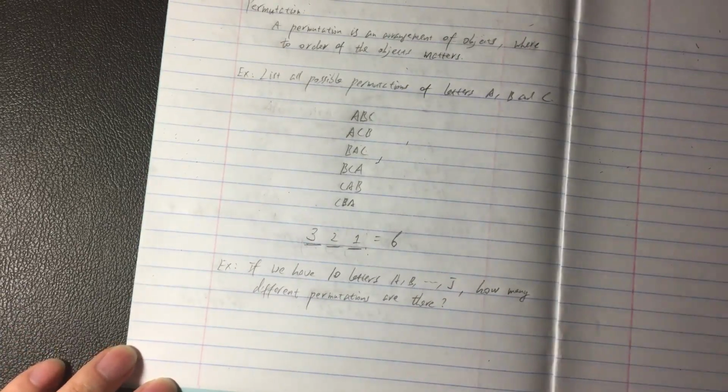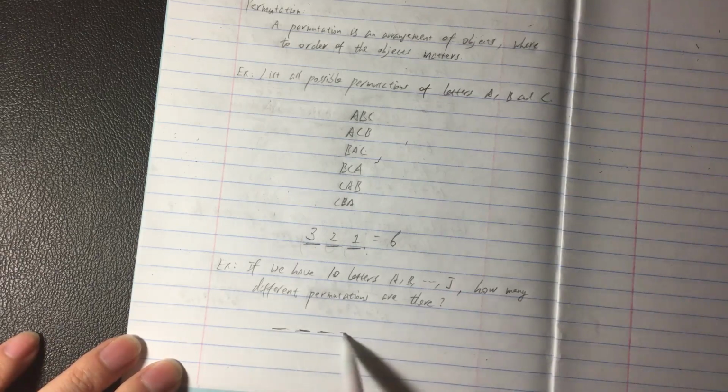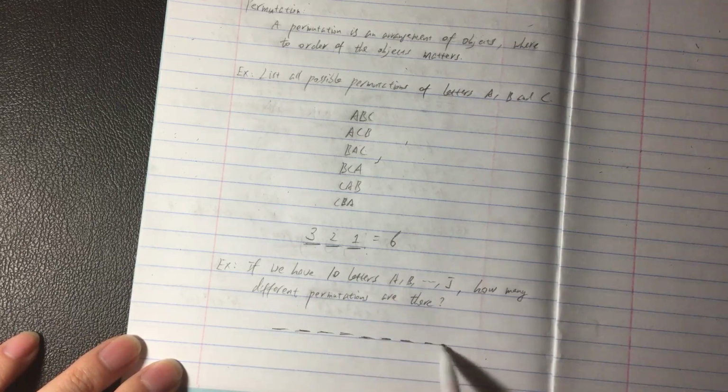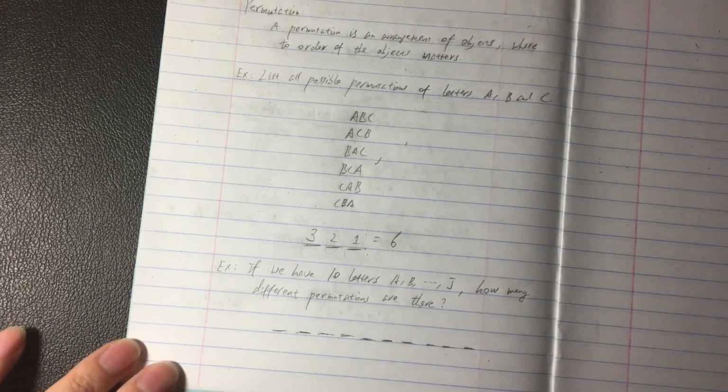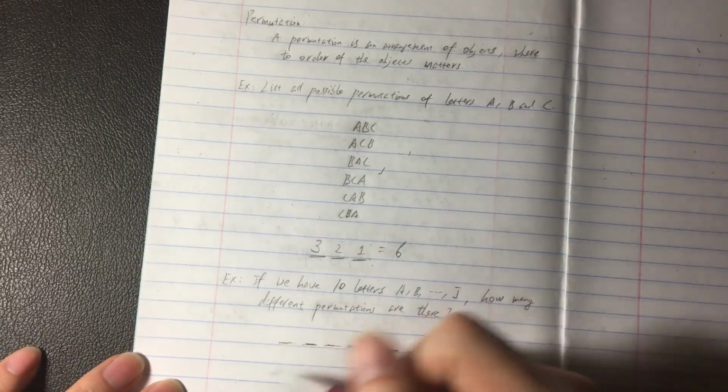Let's try the problem the same way. We have 10 letters. For every permutation, we arrange 10 letters in a row. 1, 2, 3, 4, 5, 6, 7, 8, 9, 10. In how many ways can we choose the first letter?